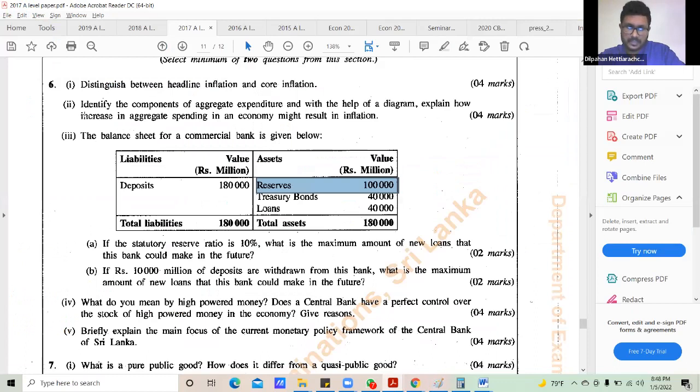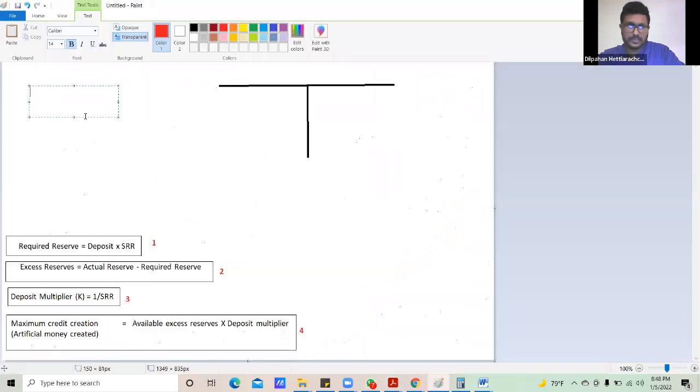What is the number of deposits? 180,000. SRR is 10%. So required reserves equals deposits, how much? 180,000 times SRR. How much is SRR? 10%. So what's the answer?